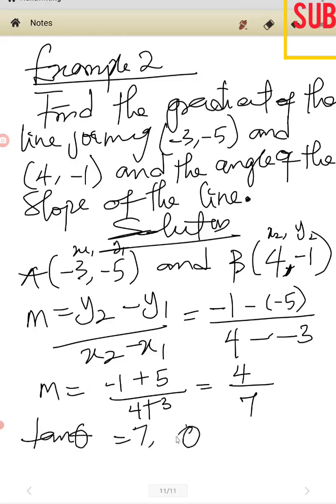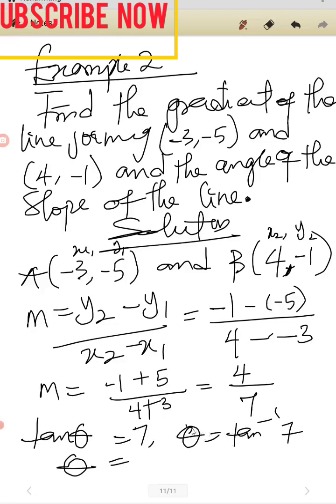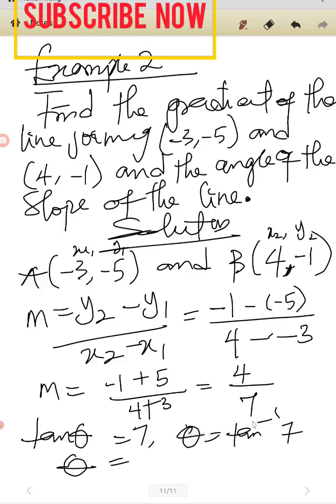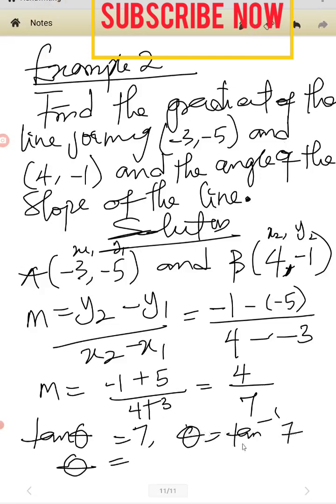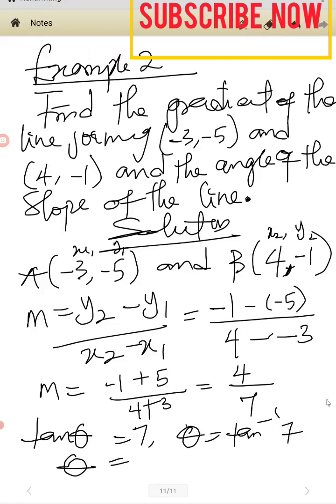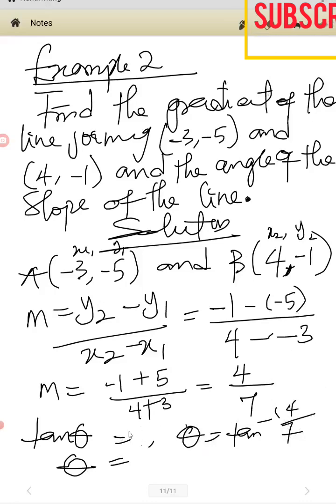So theta is equal to the second function of tan of the gradient. So the angle we give you, but let's press. If our gradient is 4 over 7, so we have 4 over 7.